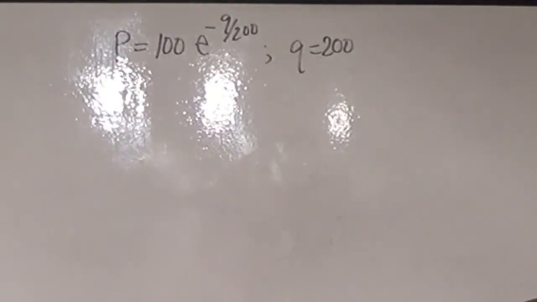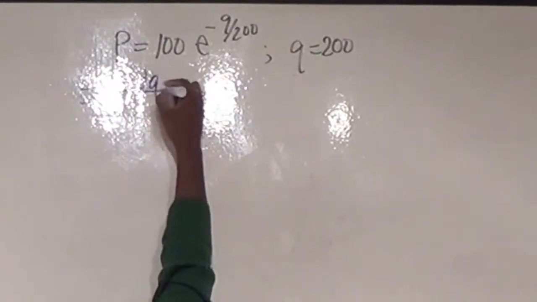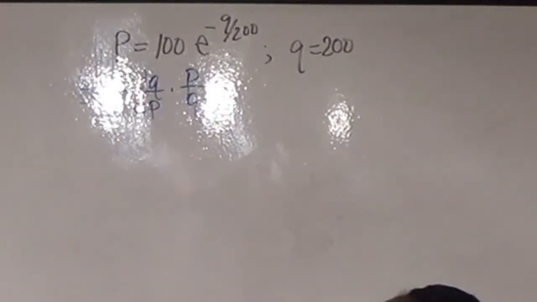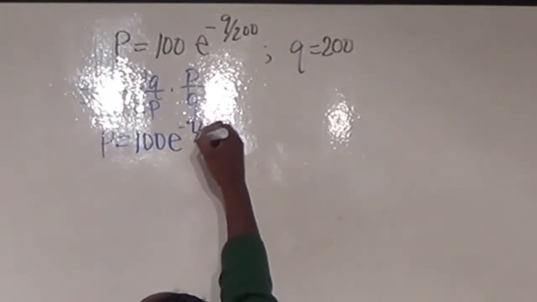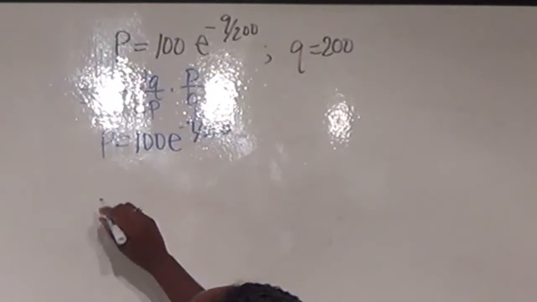Okay. So in this case, P is equal to 100e to the negative Q over 200, and we want to find the elasticity when Q equals 200. So again, we're looking at E being negative dQ/dP times P over Q. Because I have my P written in terms of Q, I'm going to use implicit differentiation to get my dQ/dP.